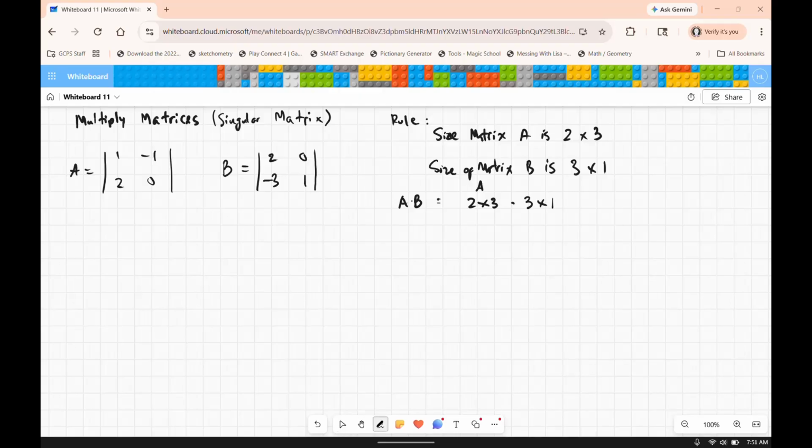Again, this is matrix A and this is matrix B. We learned this before: this is the row and this is the column. Whenever the column count of the first matrix and the row count of the second matrix are the same, these two numbers must match.